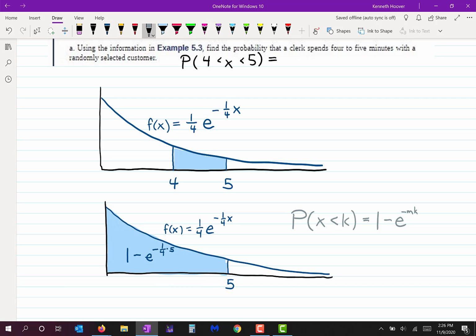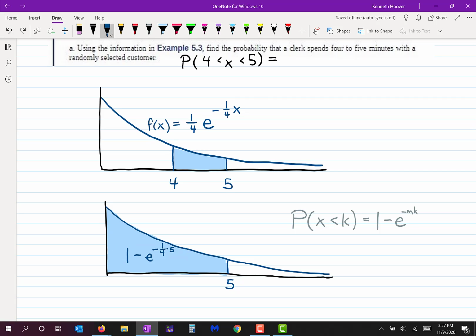All right, so for us, m is 1/4. So that area from 0 to 5 equals 1 minus e to the power of negative 1/4 times 5. That's a calculator problem.